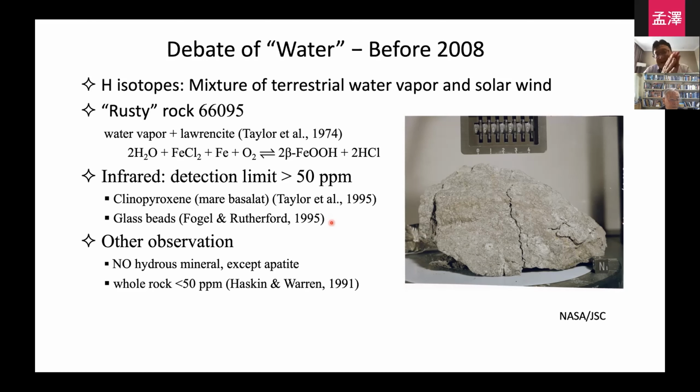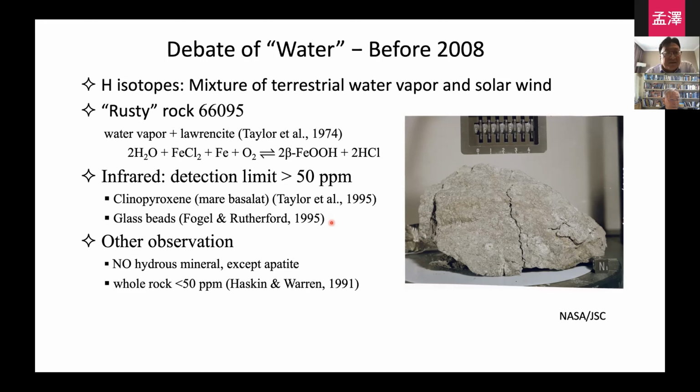As we know, if the material contains rust, the formation of the rust must involve some kind of water. However, the isotope analysis shows that this hydrogen, this water, is also a contamination of terrestrial water vapor.